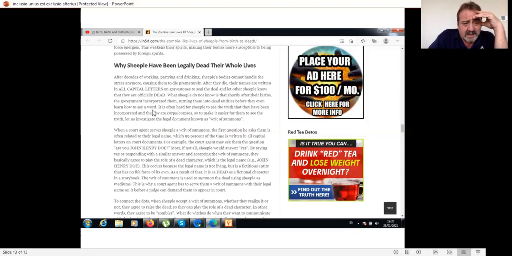Next paragraph. When a court agent serves people a writ of summons, the first question he's asking is often related to their legal name, which is 99% of the time written in all capital letters. So old John Henry Doe, when he goes to court, is representing a dead person.